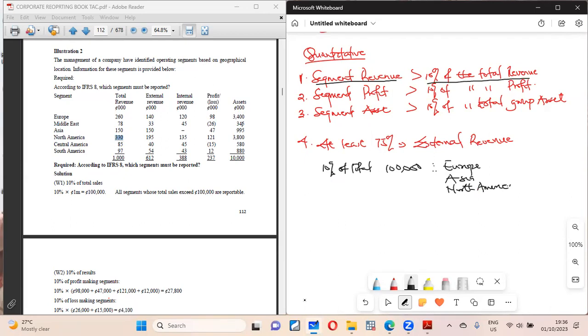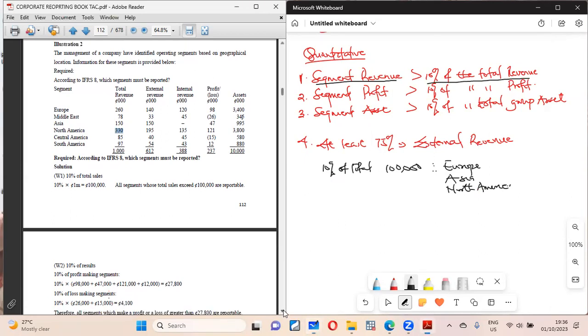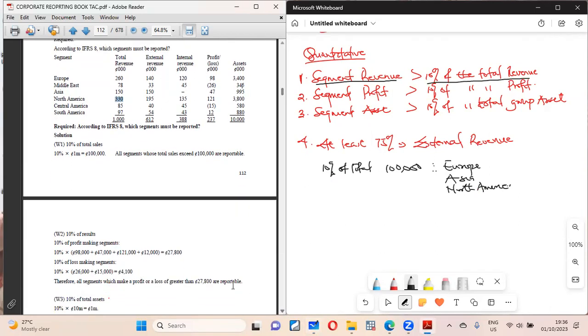Then what about the profits? Look at their profits and tell me which entities qualify. 10% of the profit. This is the total profit, right? 10% of the profit should be 23,700. Is that not it?